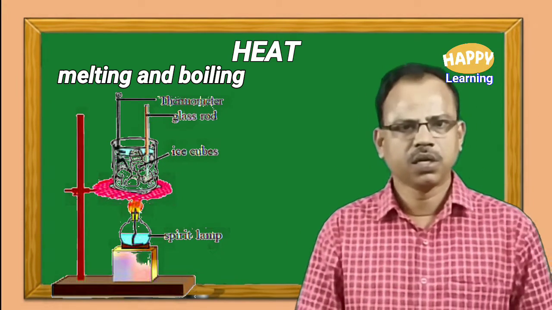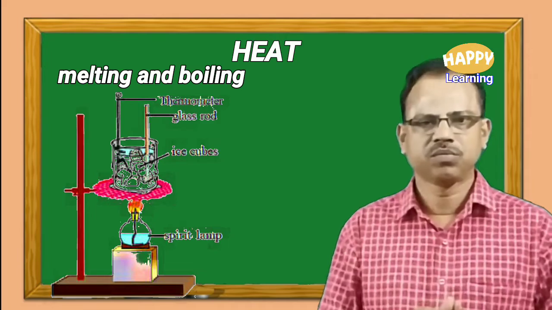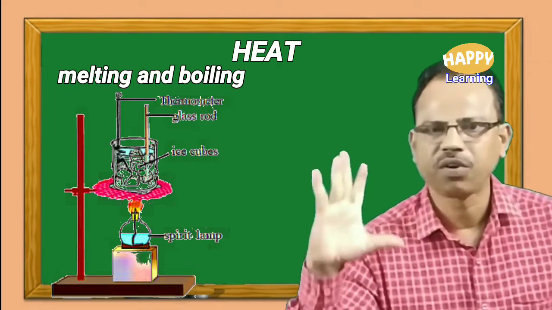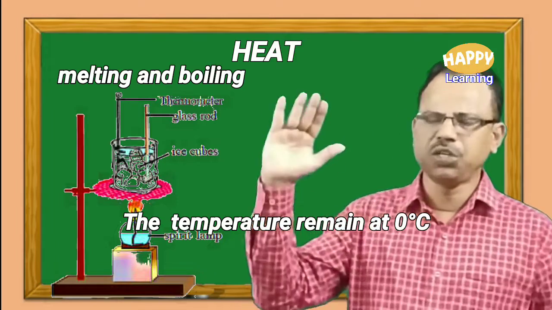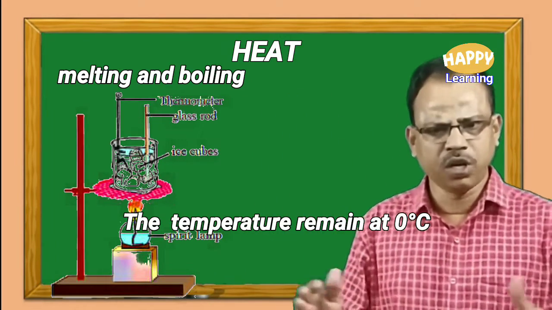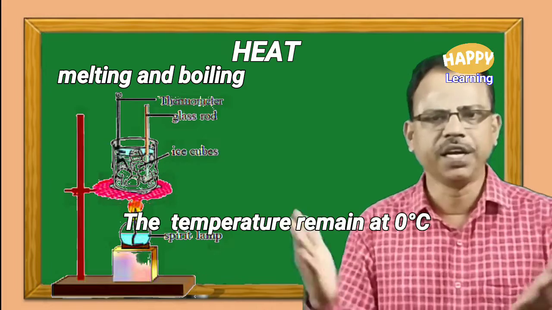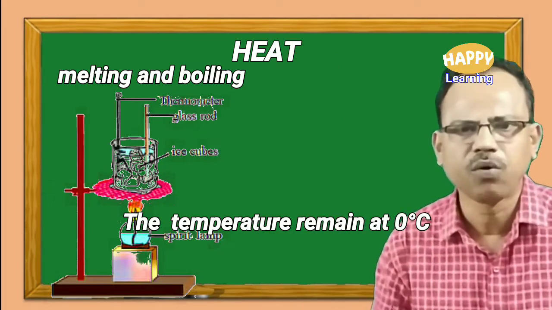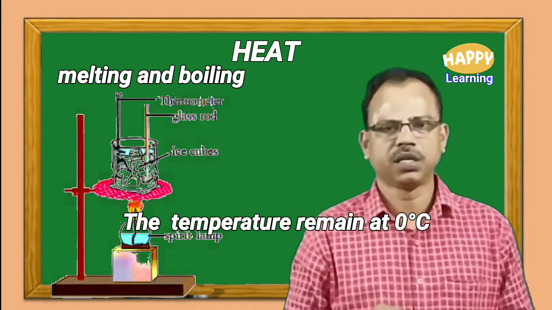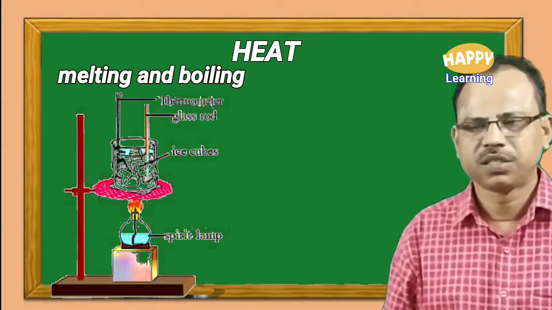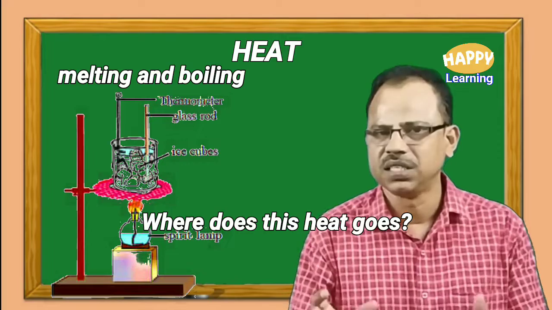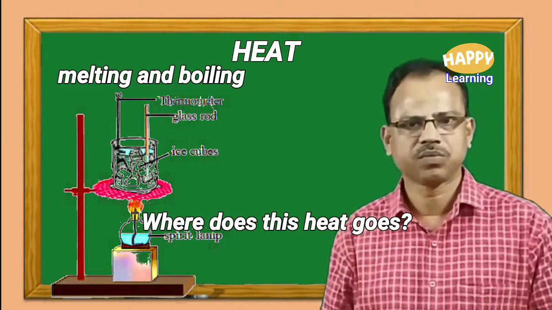You continue heating and now you observe carefully. The temperature in the thermometer remains 0 degrees Celsius. Though you have continued heating, the temperature now remains constant: half minute, 1 minute, 1.5 minutes, 2 minutes, like that. Then where does this heat go?